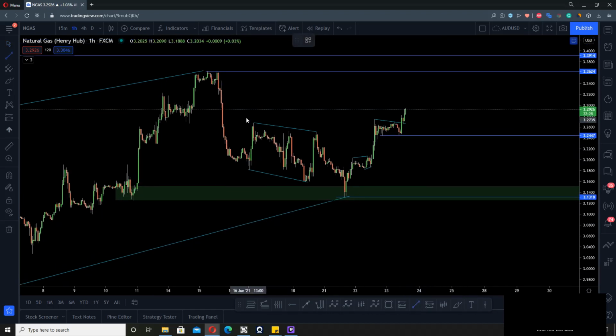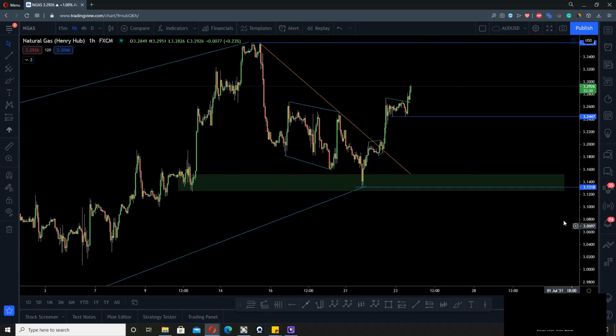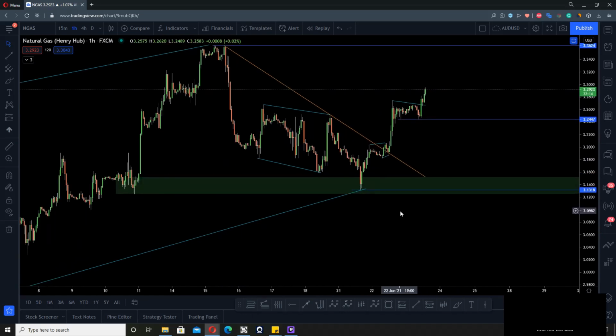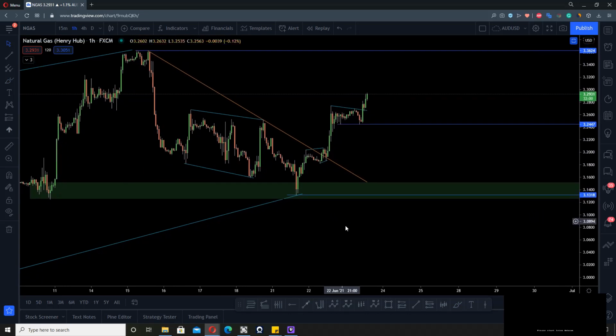But otherwise, you'll be looking for structure to go up. So you put your trend line here and you start to see that, okay, we pushed up bullish and we made another flat structure. This would be your entry point here based on multiple variables, right?